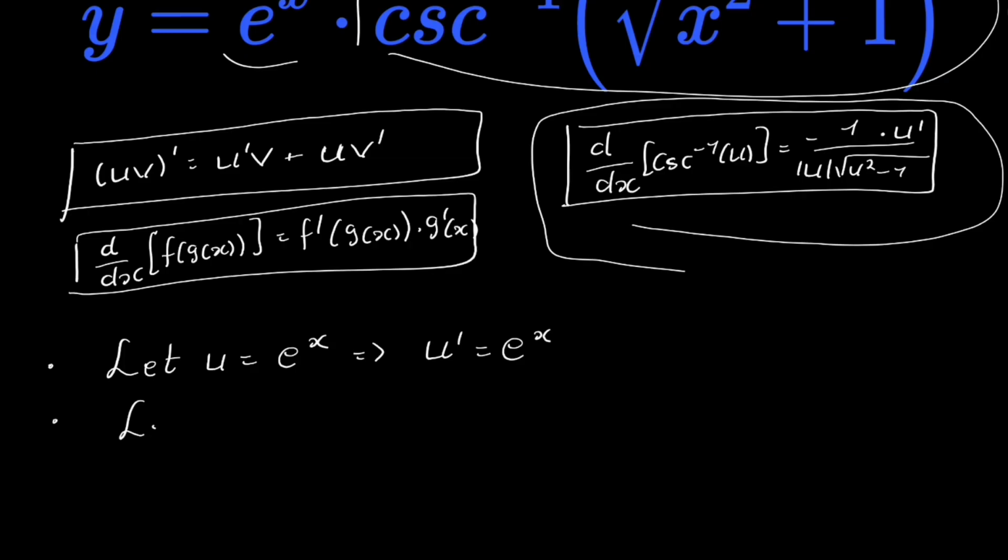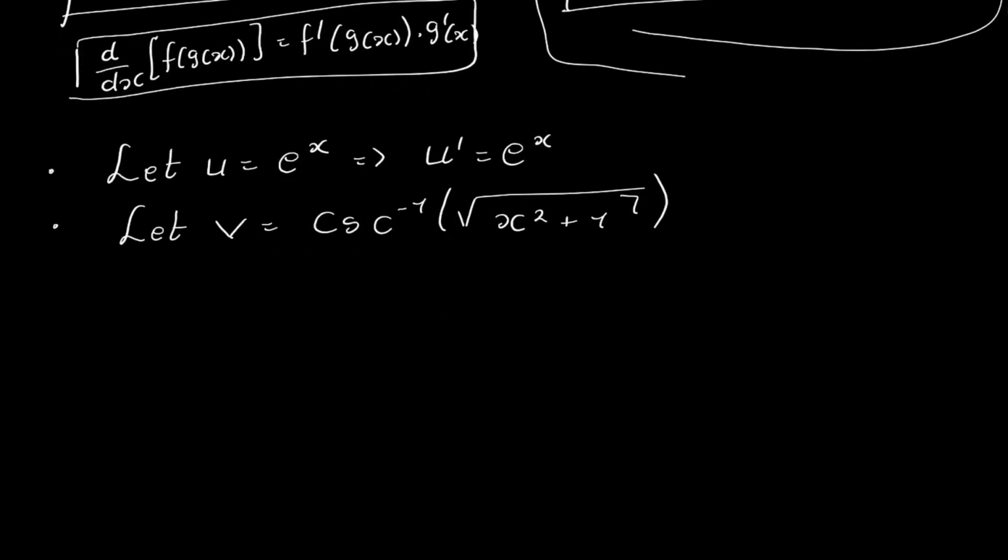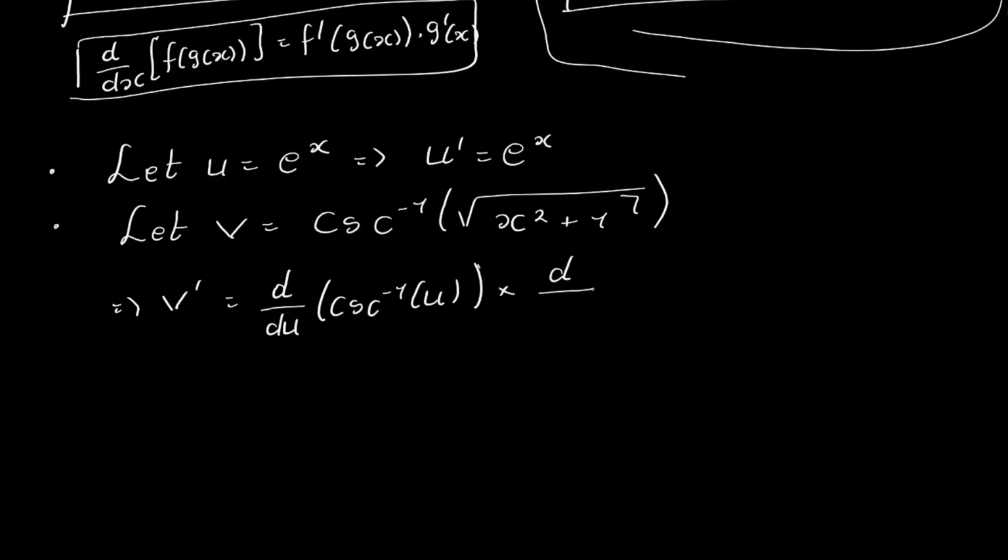Now let's move on to v. Let v be the function cosec inverse of square root of x squared plus 1. The first thing we notice is that this is a function of another function. And what does the derivative of a function of another function tell us? It tells us that v prime is going to be equal to the derivative with respect to u of cosec inverse of u, times the derivative with respect to x of the inner function, square root of x squared plus 1.